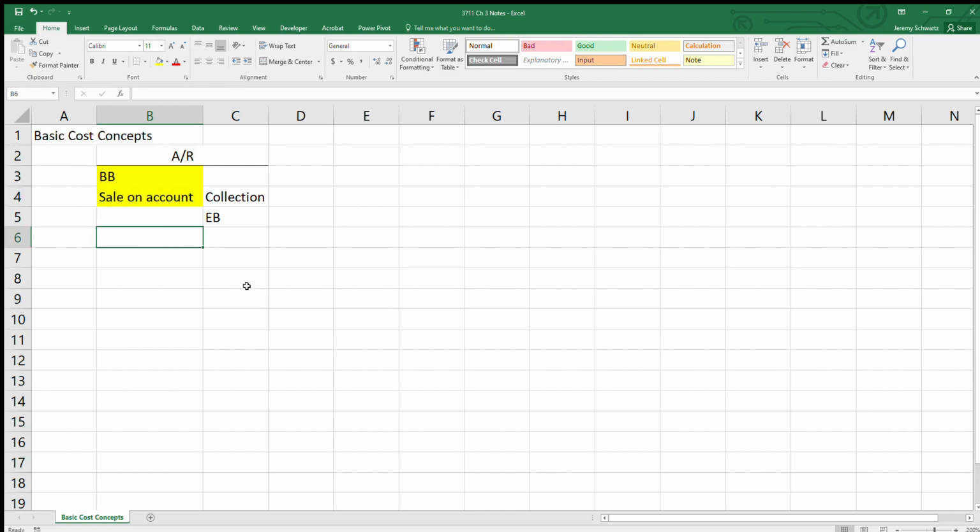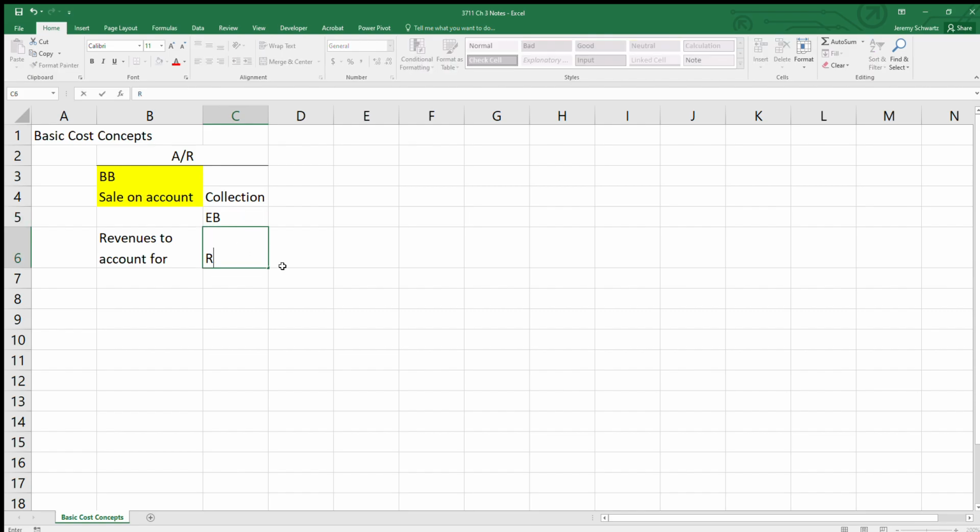So basically we would have revenues to account for, and let me wrap that a bit there. And then when we have collections on account, we take the beginning balance, add the sales, subtract the collections, and we get the ending balance. And so then this is revenues accounted for.